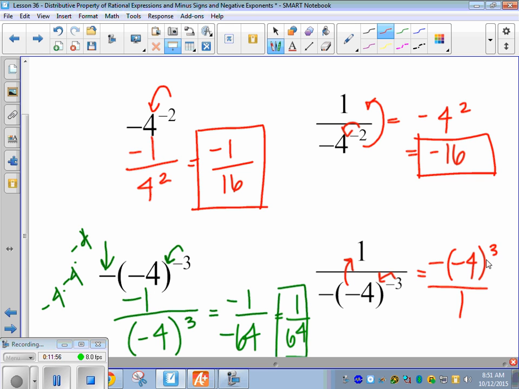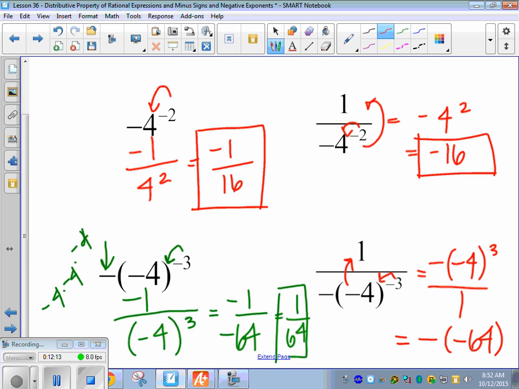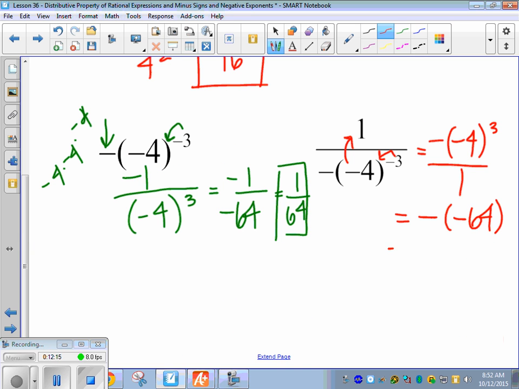So we decided that -4 in parentheses cubed is -64, which we got down here. So if I do this again, I'm going to still have a negative on the front. -4 cubed is -64. And a negative is a positive. +64 for that guy. Got to use order of operations, and remember to look directly to the left of that exponent.